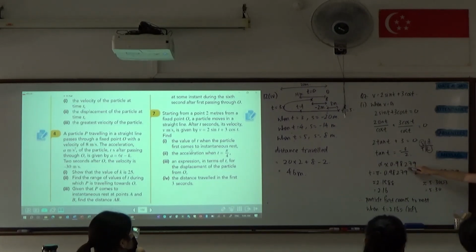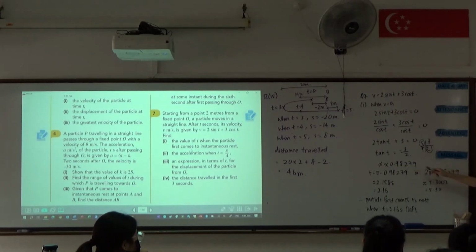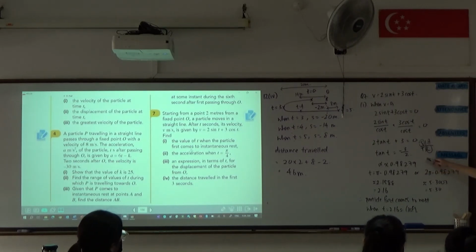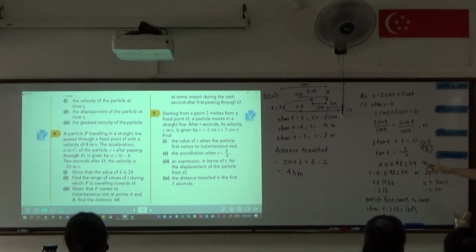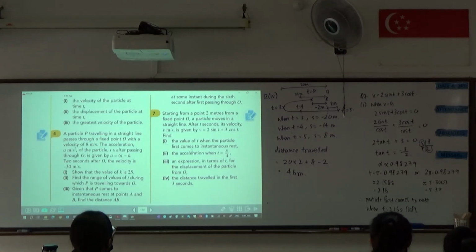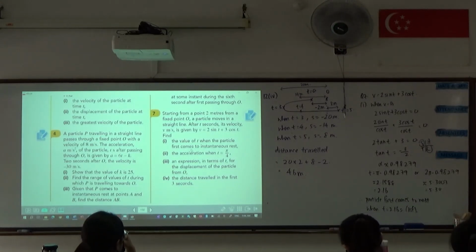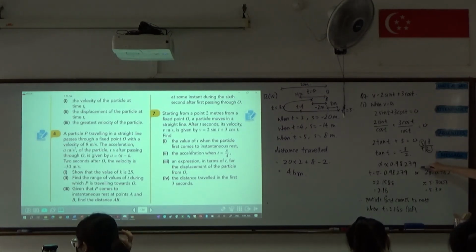We will get 0.9279, making sure that our calculator is in radian mode. Whenever you're solving any trigo-related stuff related to kinematics, we must be on radian mode. You cannot be in degree mode because it doesn't make sense for time to be in degrees. So you must use radian mode.